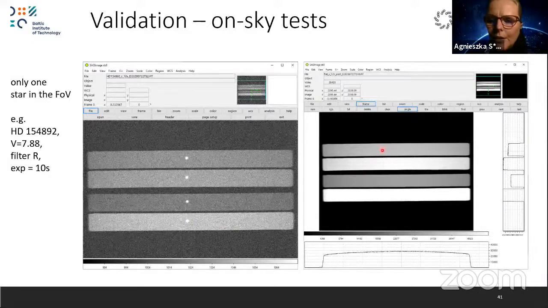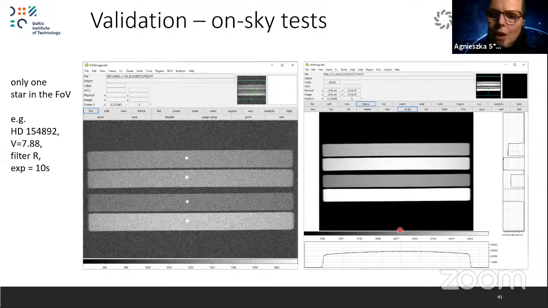On the right-hand side, you have an example of a flat field. And as you know, the morning and evening sky is highly polarized, which you can already see in this image.